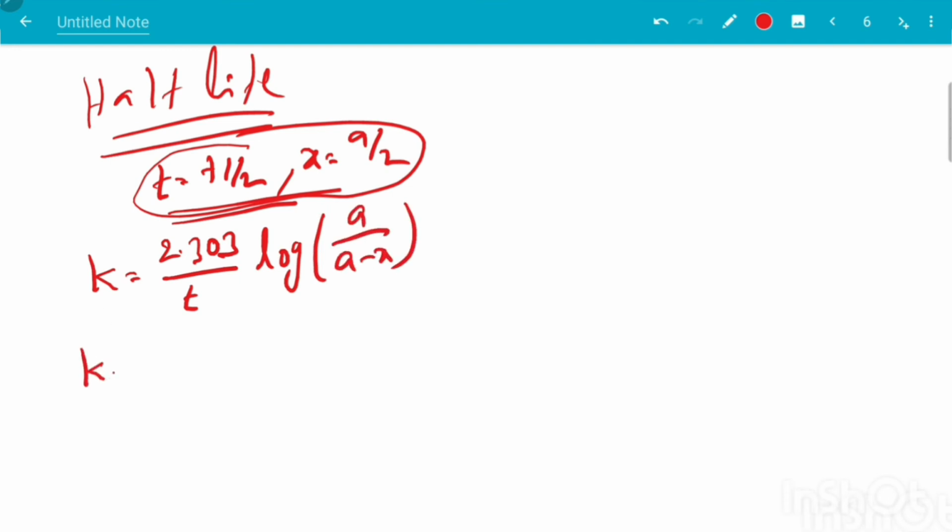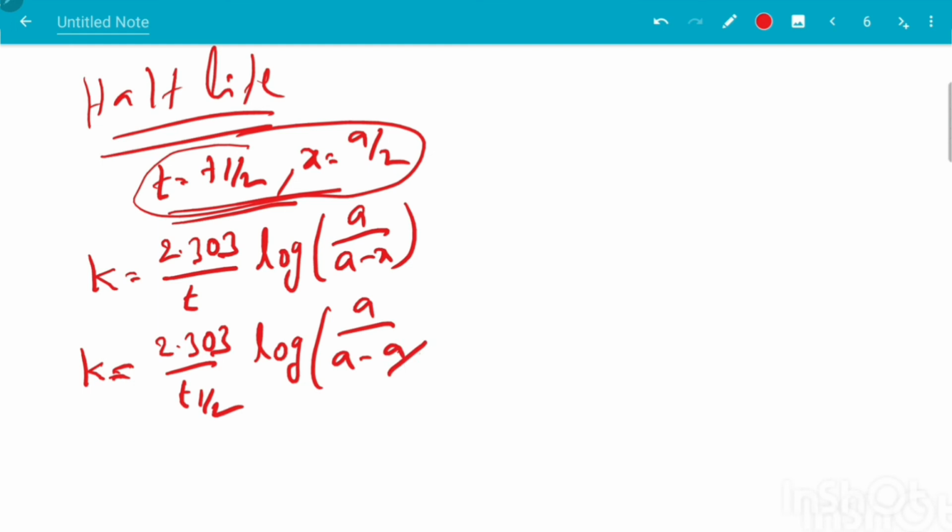With t equal to t half, that is log of a by a minus a by 2. Here x equals a by 2.